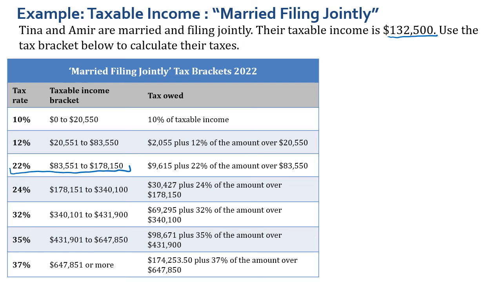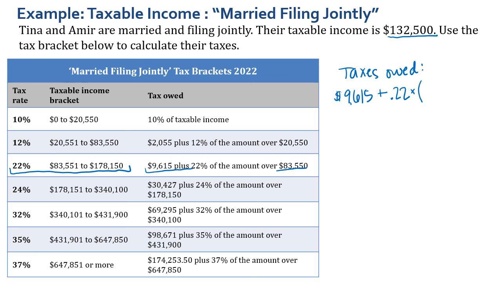$132,500 is between $83,551 and $178,150. So their taxes owed are going to be, let's follow this formula, $9,615 plus 22%, so 0.22 times the amount over $83,550.